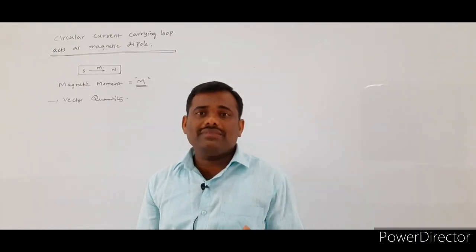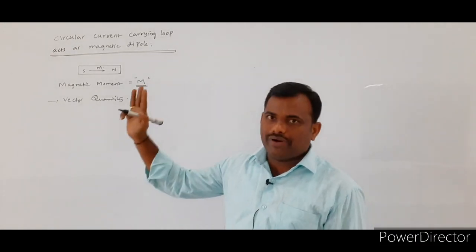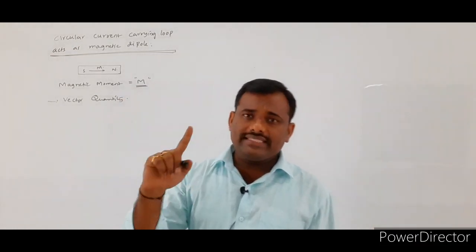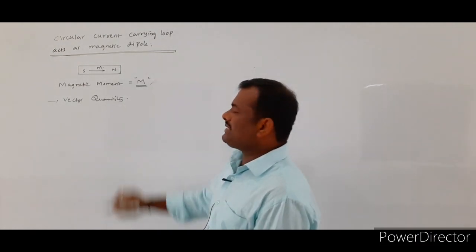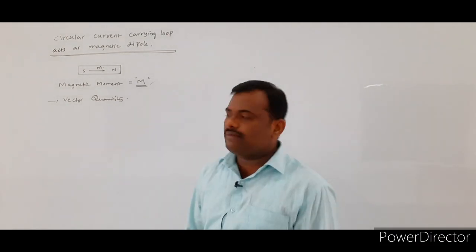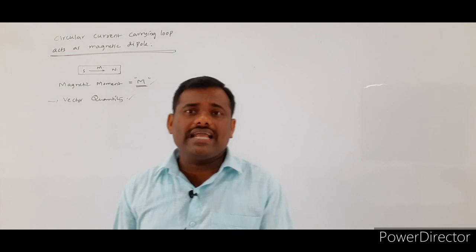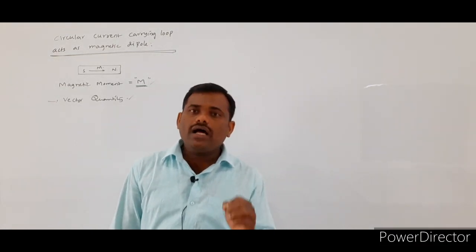So whenever they mention a magnetic dipole, we have to know 3 points. Basically it has two poles, the north pole and the south pole, its magnetic moment is represented by capital M, and it is a vector quantity whose direction is from the south pole to the north pole.